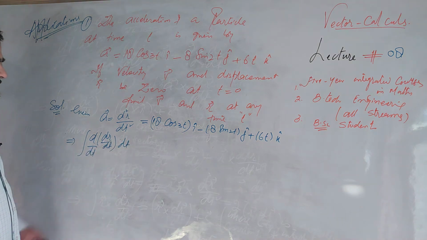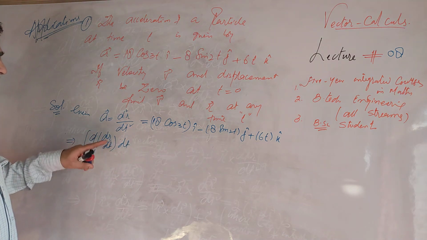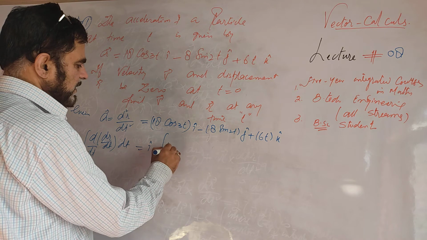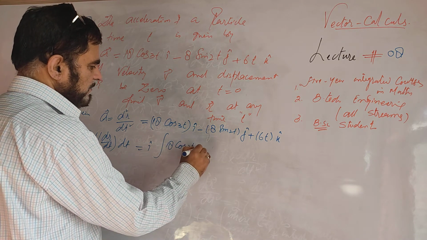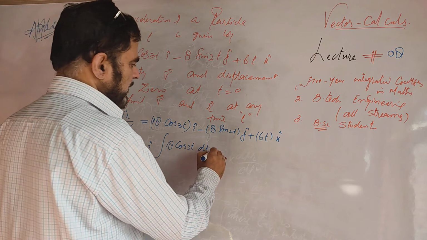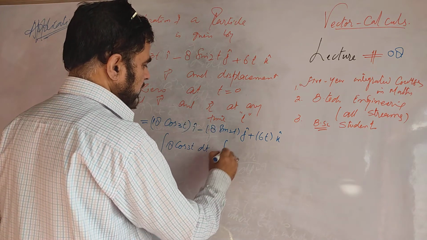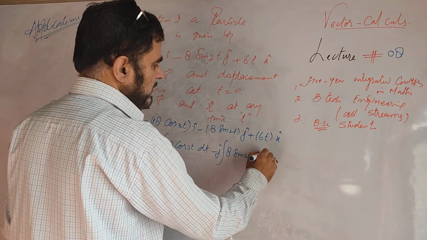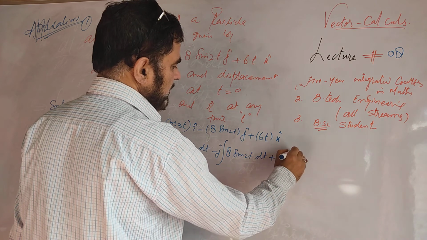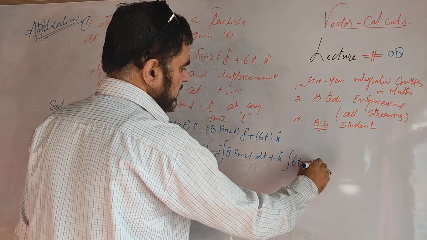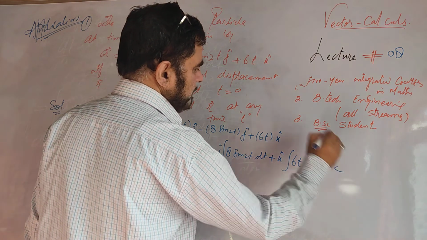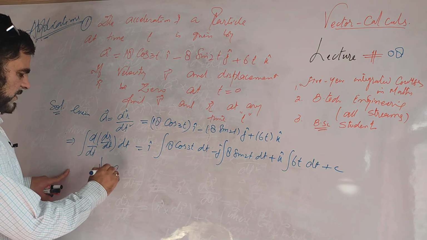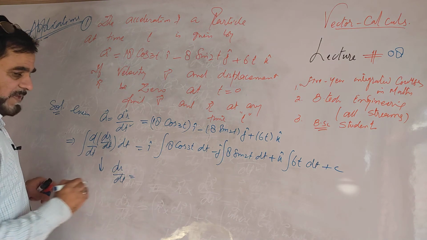Integrating with respect to t, it is i times the integral of 18 cos 3t dt, minus j times the integral of 8 sin 2t dt, plus k times the integral of 60 dt, plus c. C is the constant of integration. Now this is your dr by dt, and we integrate this.